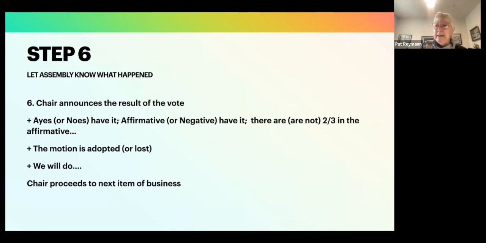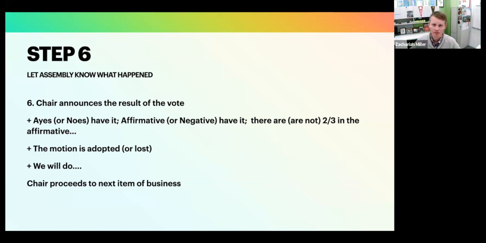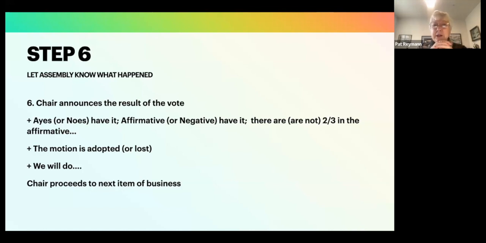Okay, more questions, Zach? Another question. I apologize, I missed this one. It's about comments. The question is, what language does the chair use in response to these comments? Okay, if somebody wants to make a comment and, oh, okay, the chair thought it was going to be debate, but a person just made a comment.